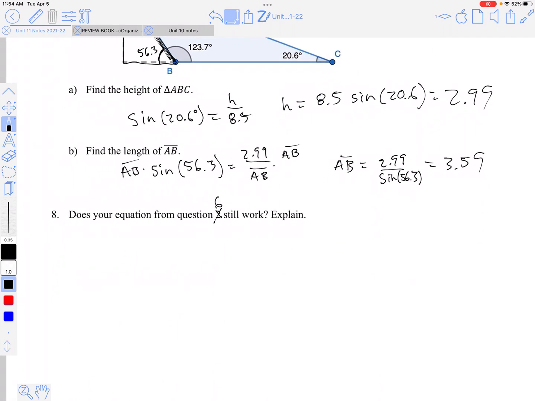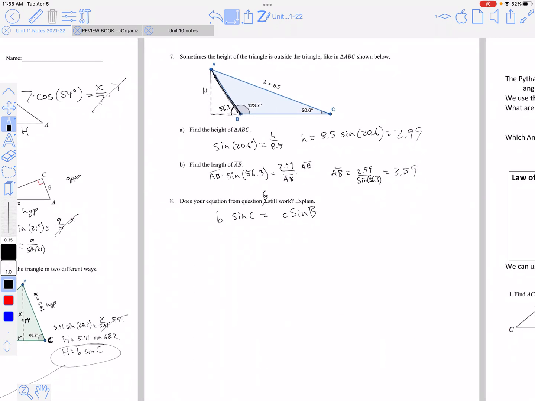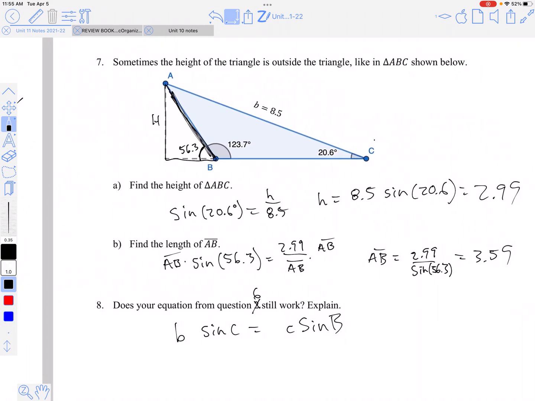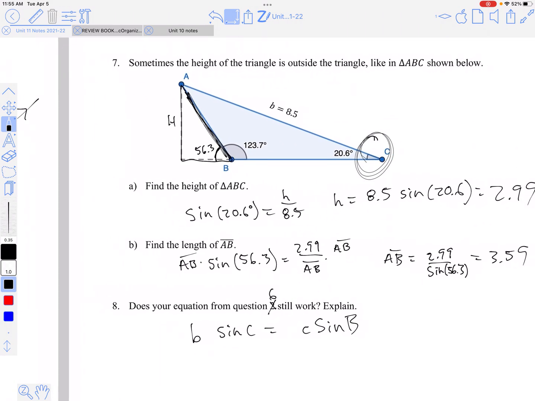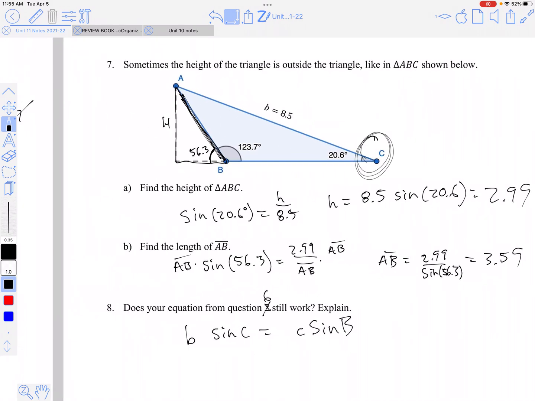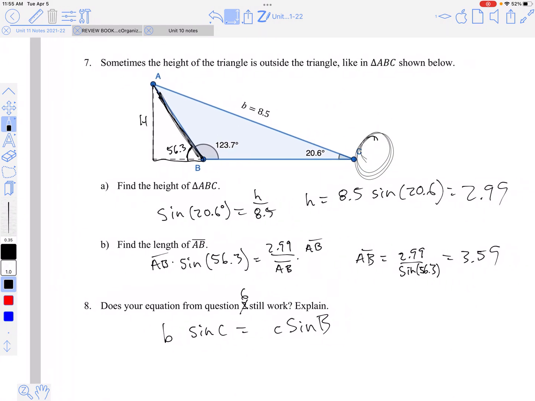All right, so I want to check that equation from number 6. So if you remember, it was b sine C equals c sine B. Capital letters for angles, lowercase letters for sides. So if you see here, here's angle C. Anyways, you can see it right there.